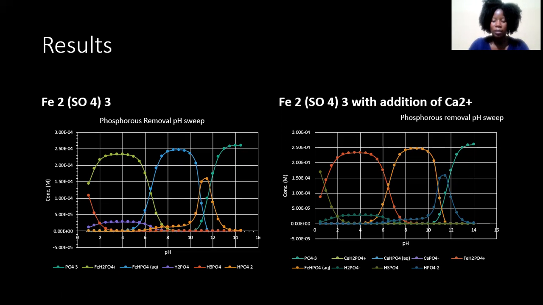The second one is at 6.5. The third one is close to 11, and the other one is almost 12. So again, our point of interest here is 6.5, because at pH 6.5, that's close to the pH that we want our water to be.